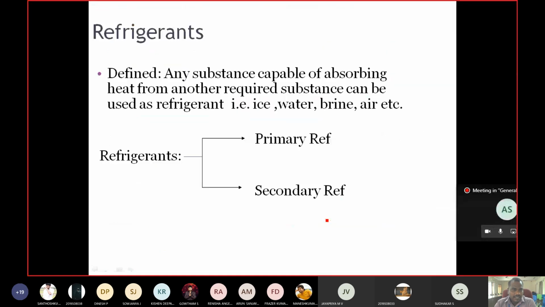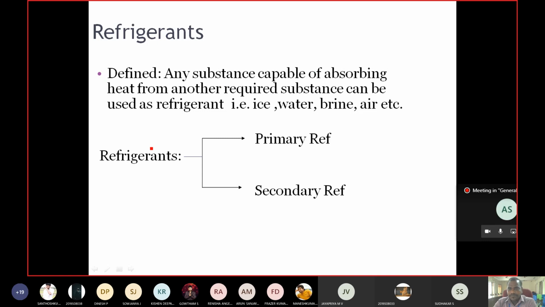Then we can define a refrigerant. Any substance capable of absorbing heat from another required substance can be used as a refrigerant. Also possible are ice, water, brine, or air, etc., which can be used as secondary refrigerants.